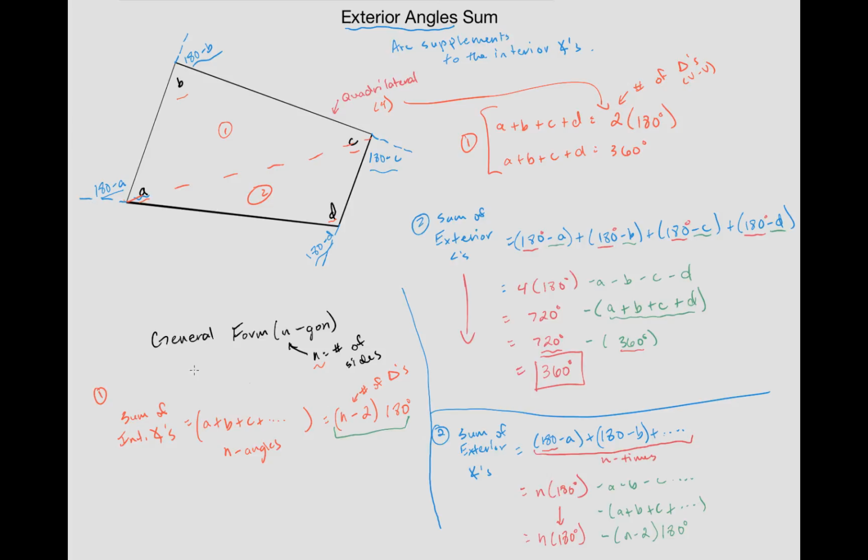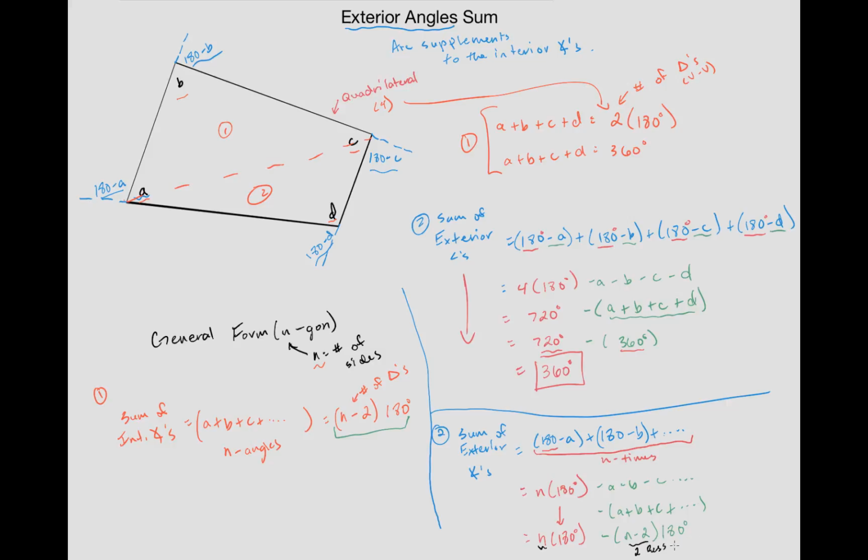And now here's again where I'm hoping you can follow along, but it might be a little tricky. But the thing is here that basically we have n 180 degrees in the red part, and we have n minus 2 180 degrees in the green part. Well, this is 2 less.